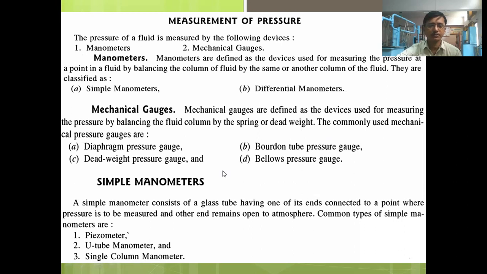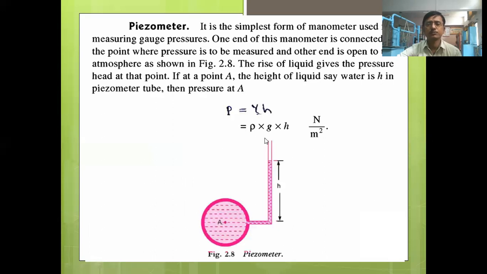Right. In simple tube manometers, there are three types. We have seen the piezometer, U-tube manometers, and single column manometers. We also covered the piezometer, the working of this piezometric tube, and how it works to find out the pressure intensity.